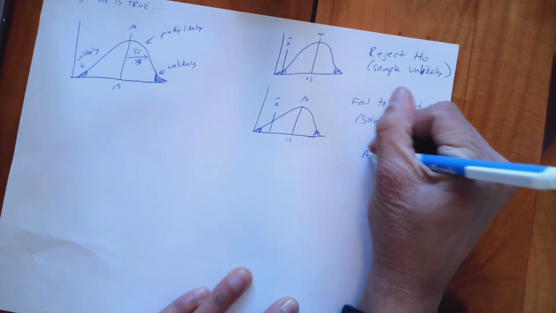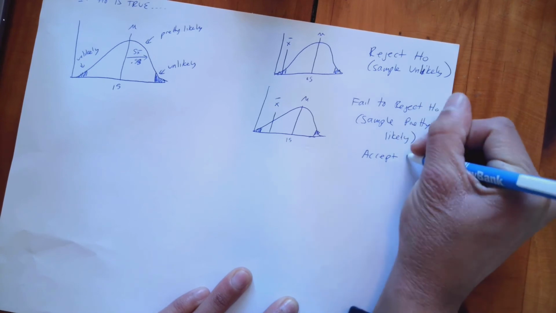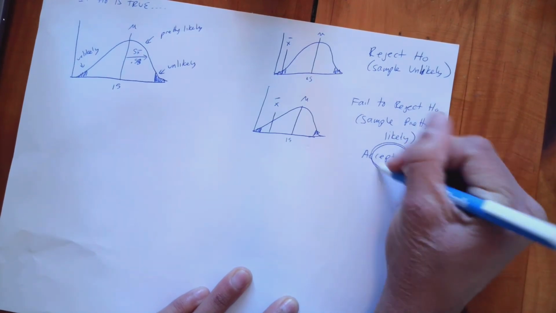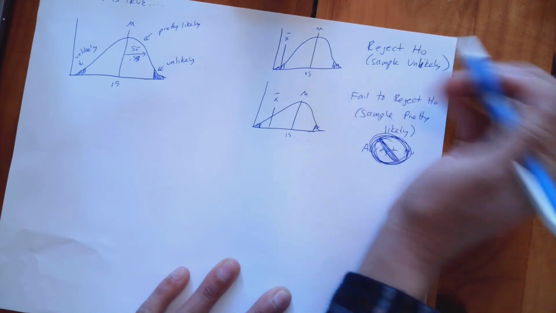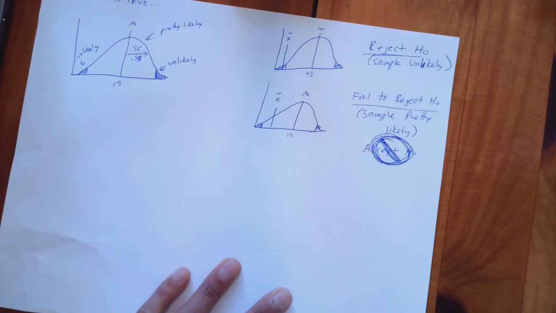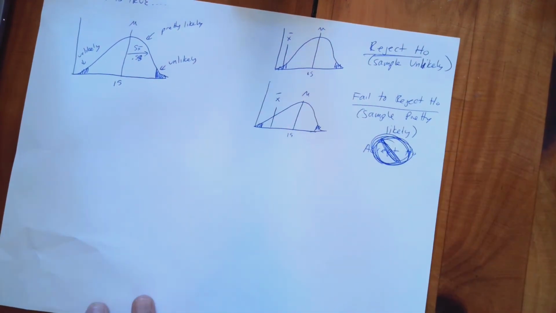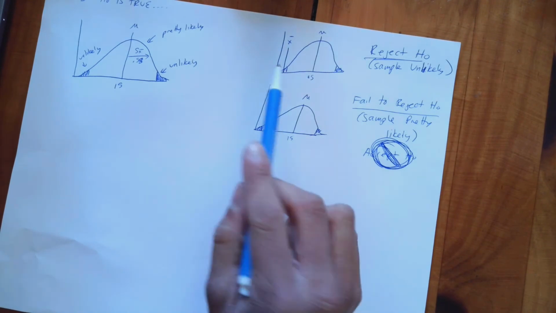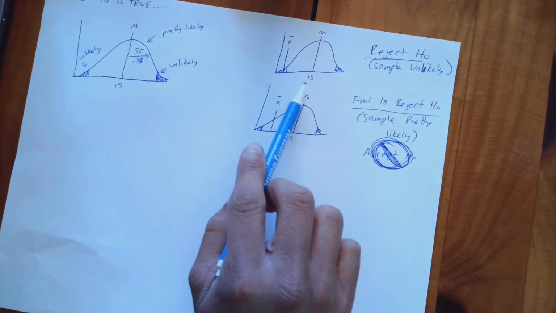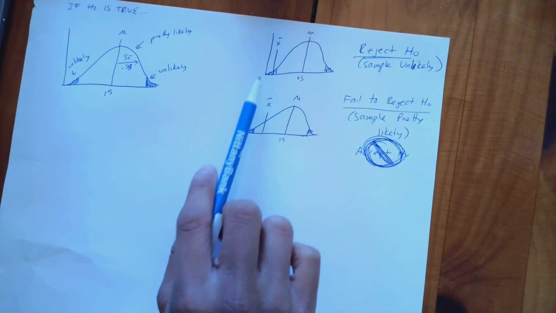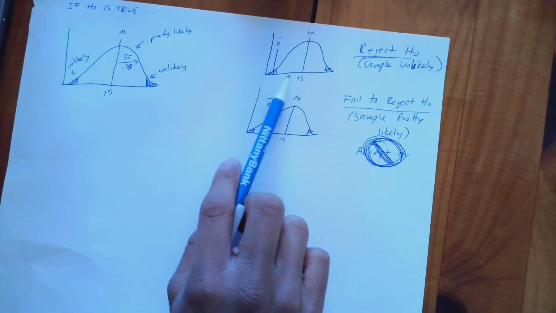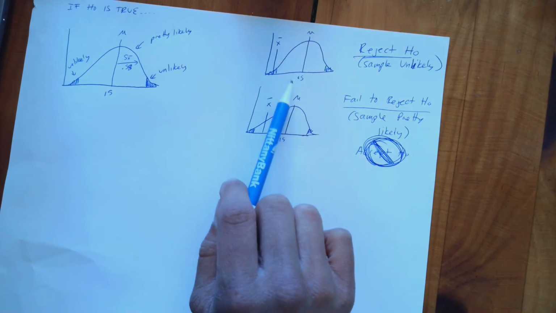And then as a reminder, you never say that you accept the null hypothesis. The language is that you always either reject it or you fail to reject it. And that language reflects what's going on here, where here we have evidence that your null hypothesis is unlikely. Your sample mean probably wouldn't have come from a population where the true mean was 15.